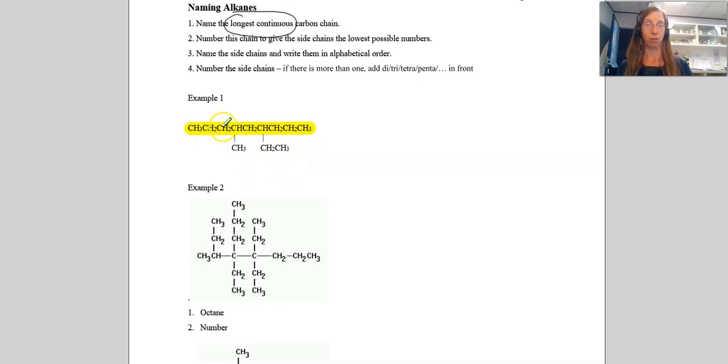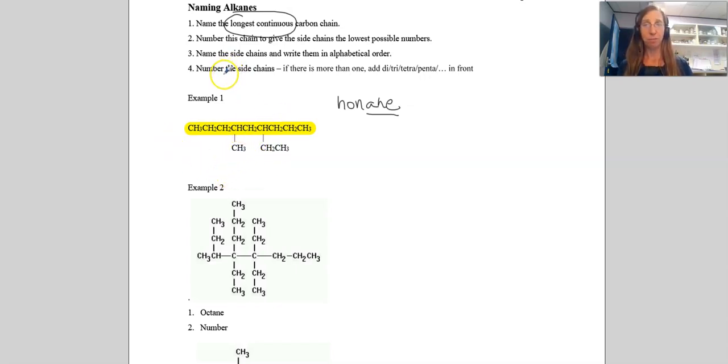So that's 1, 2, 3, 4, 5, 6, 7, 8, 9 carbons long. Don't worry if sometimes we draw the bond and sometimes we don't, that's the same. So if it's 9 carbons long, then that's going to be non-ane. And the ANE is for the alkane, because that's the kind of functional group, carbon-carbon single bond.